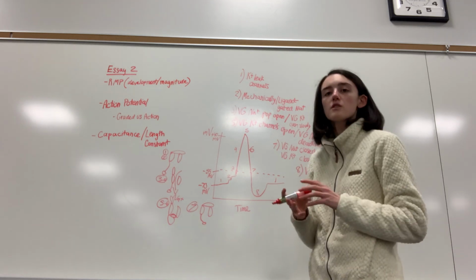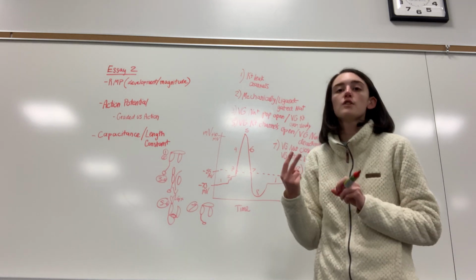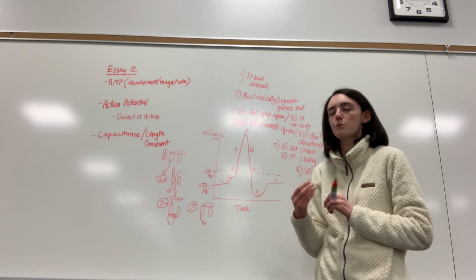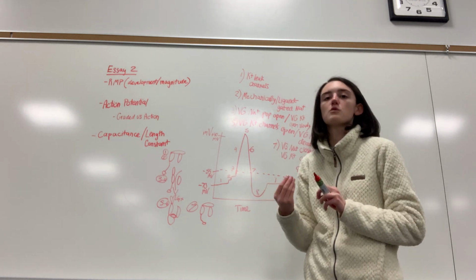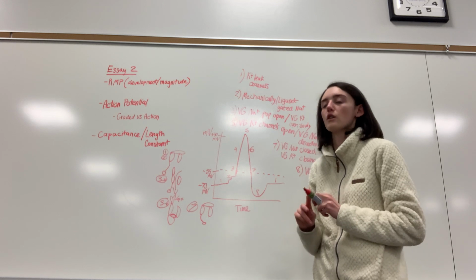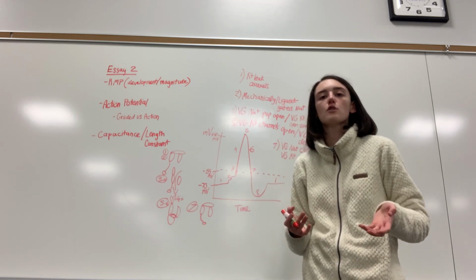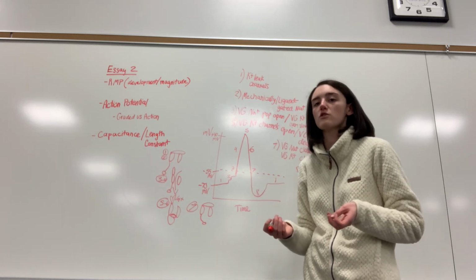A couple of things. We have 2 different types of periods that we want to be aware of, meaning how it influences when an action potential can occur. We have what's called the absolute refractory period and the relative refractory period.